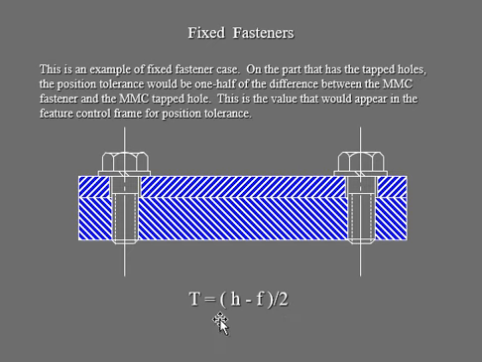So the tolerance space goes down by half. After calculating, you'll have the value. For these tap holes, you get the tolerance calculated this way, and you can see it in your feature control frame in that little box, the one row table.